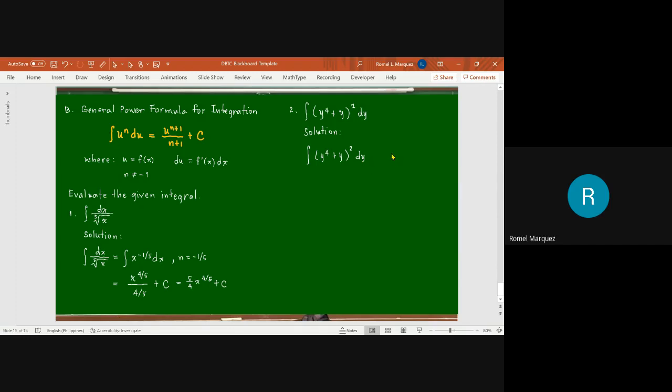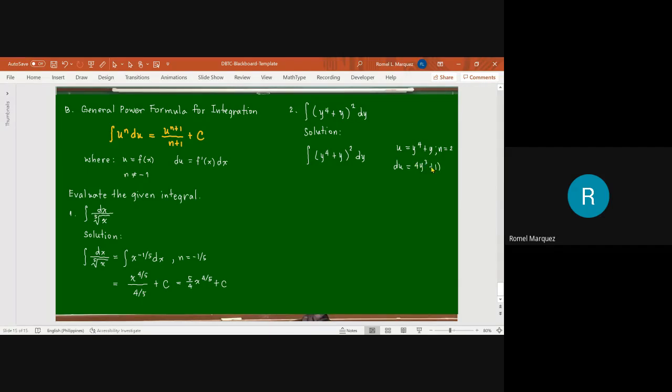It is the quantity 4y cubed plus 1, dy. But unfortunately, after taking u, you must be able to come up with the du. So the remaining must be du, but the remaining here is just dy. So it is very far from the du.